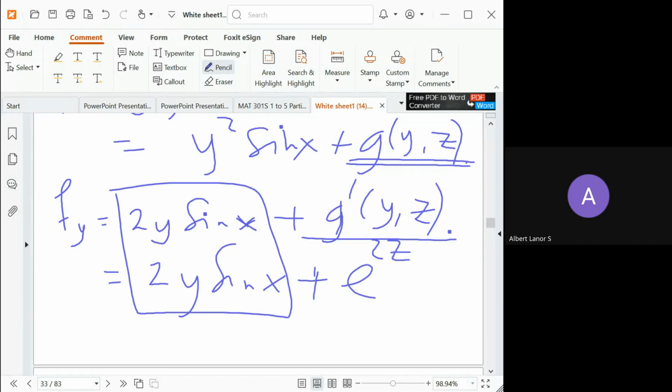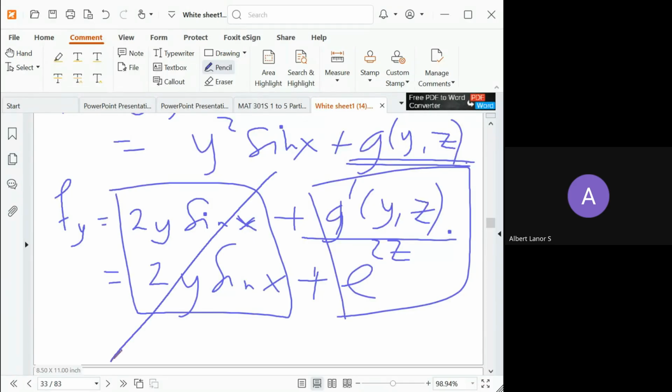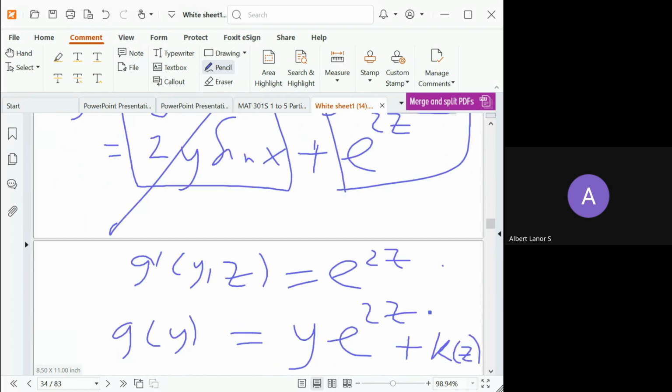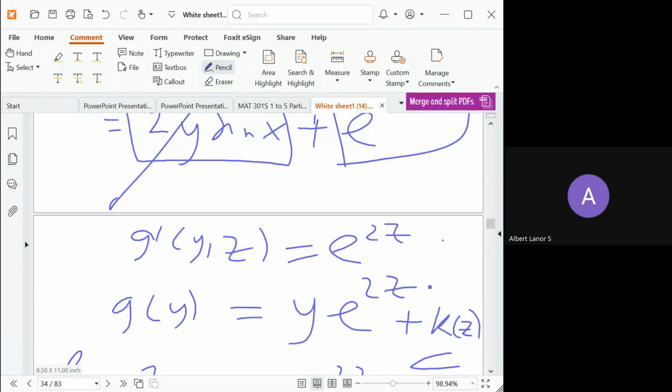So I can say that these two are also the same. Then the missing term, because these two have been given already, so you subtract, you get the same. Now the g prime is e to z. So if I want to get g, then I have to integrate this function with respect to y. Now, if you integrate this function with respect to y, you have y e to z plus another constant which should depend on z only.